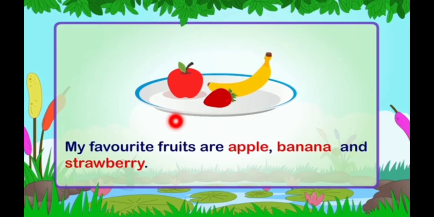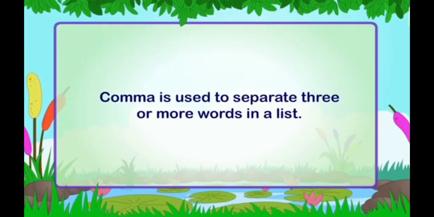So, we will use comma to separate them. My favorite fruits are apple, comma, banana, and strawberry. Okay? We do not put comma before and. So, comma is used to separate three or more words in a list. Alright?